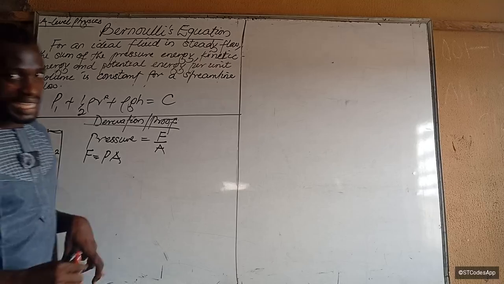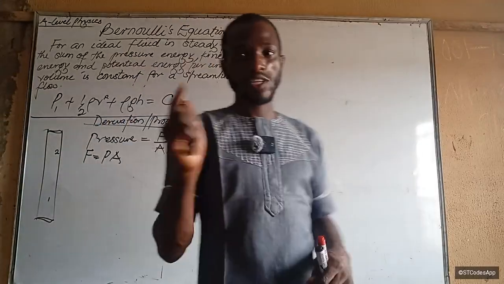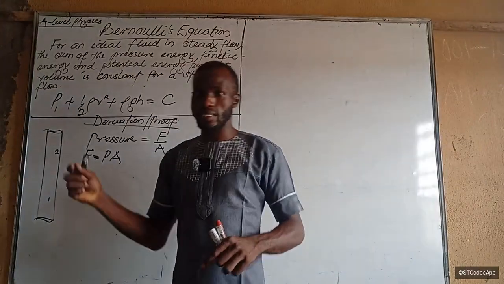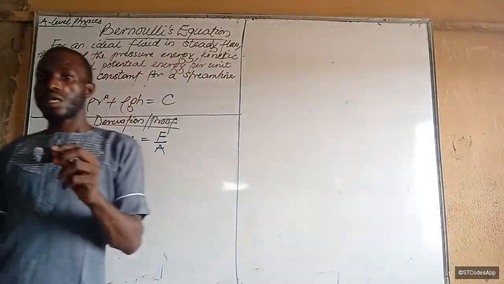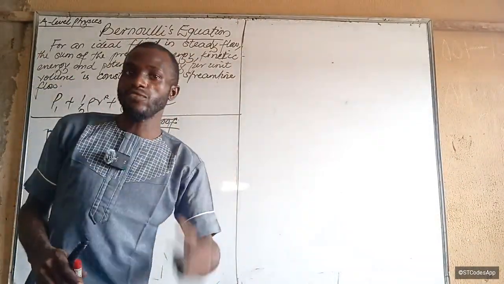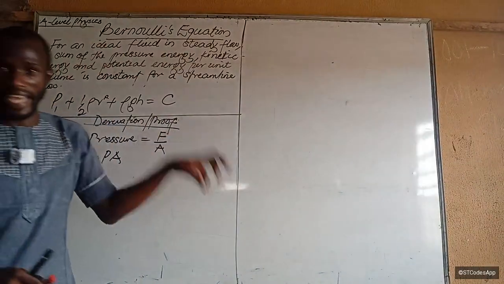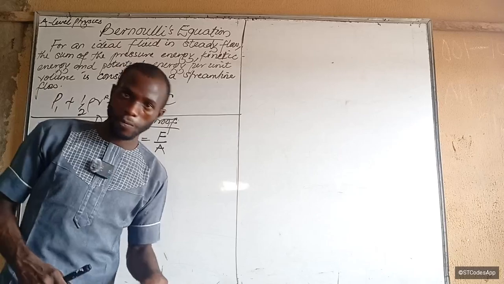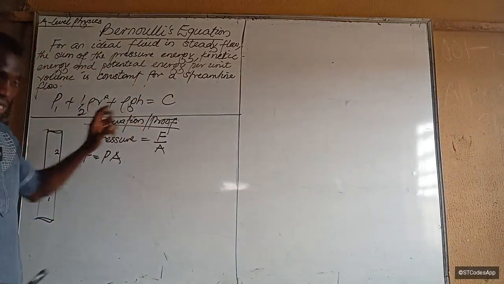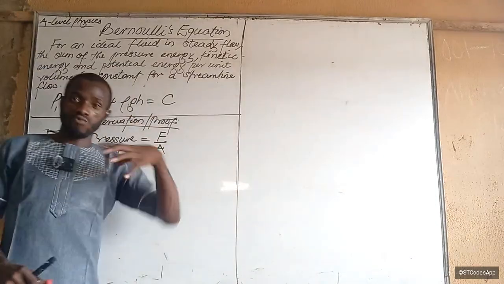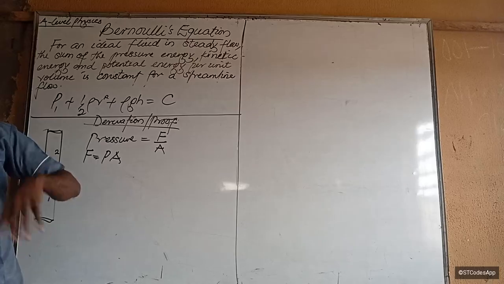Now keep in mind that the pressure that the fluid is going to exert on the walls of the container is going to decrease with the speed. If the speed of the fluid is high, the pressure will be low. Okay, those are the things that you have to know about this part of the derivation first. Why?